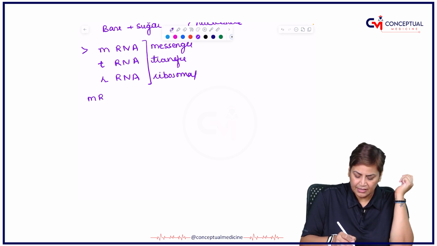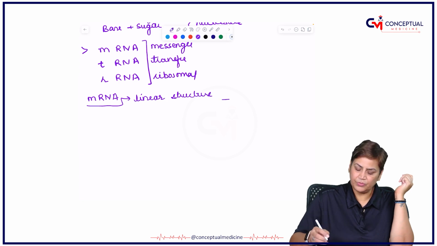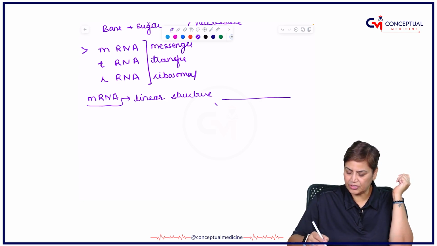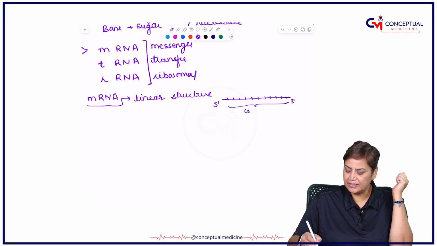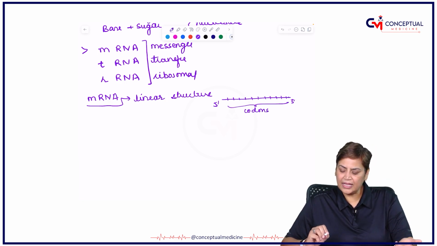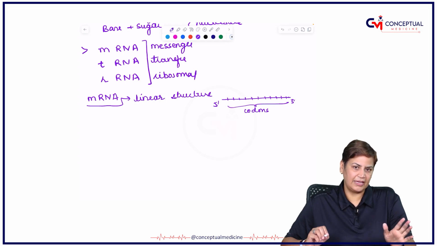Always remember, mRNA has a linear structure, and it bears the codons. These are the codons, and that is why it comes under coding RNA. These are the coding sequences, or the exons.